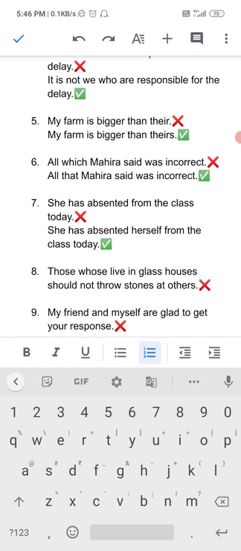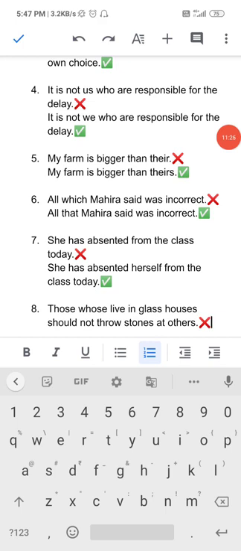Here we have used the pronoun those, for which we have to use a relative pronoun who, not whose, because whose is the adjective form of who, and after whose we should use a noun, but we are using here a verb, an action word, that is live.